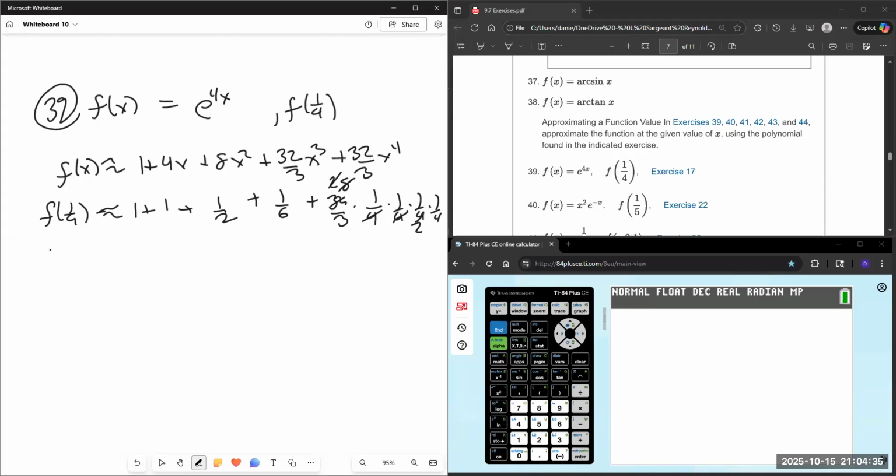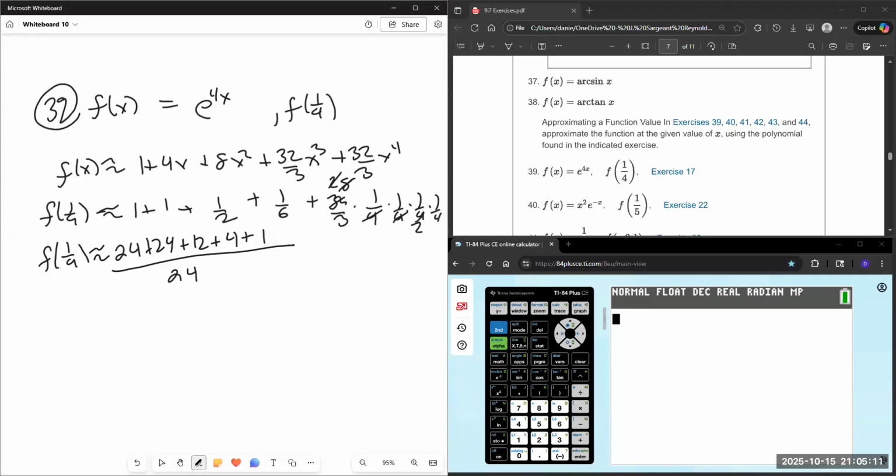So f of 1/4 is approximately 24 plus 24 plus 12 plus 4 plus 1, all over 24.